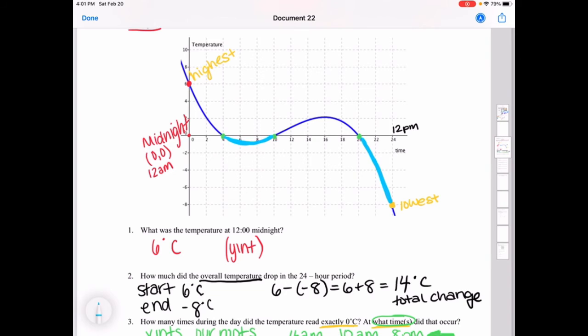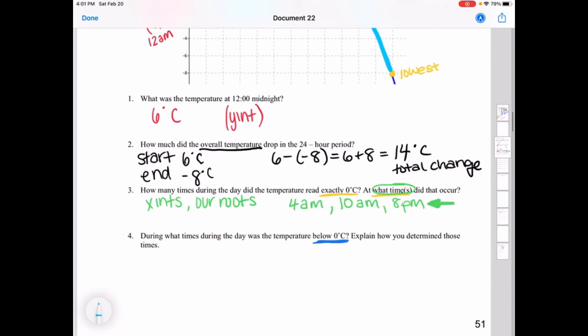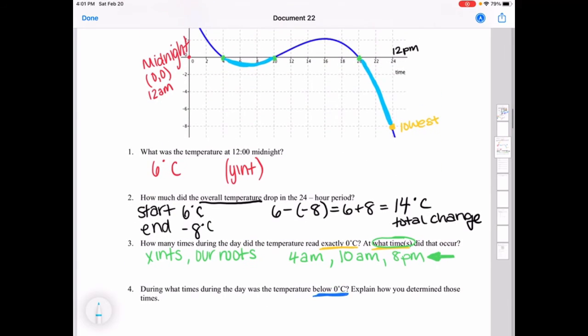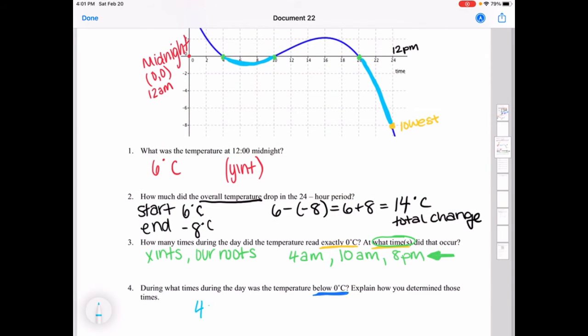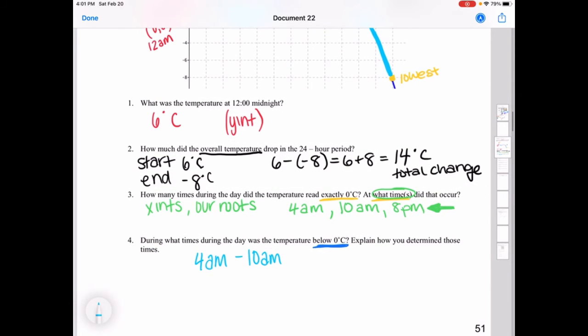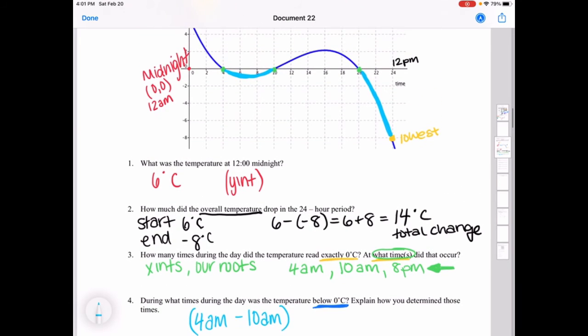Okay. So now it asks, okay, well, explain what times during the day. So, what times? I'm going to give an interval. So from 4 a.m. to 10 a.m. And then another interval is from 20 hours.